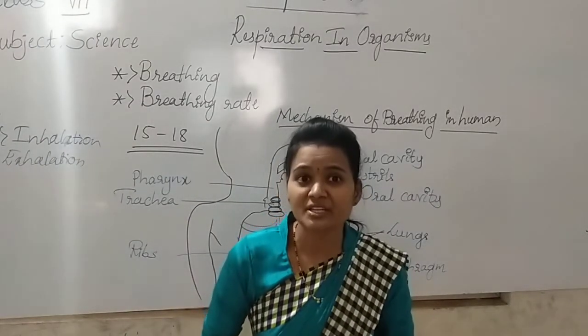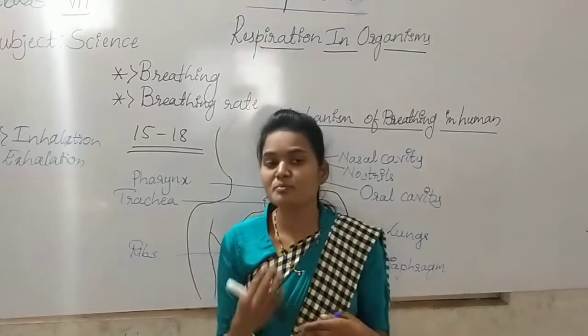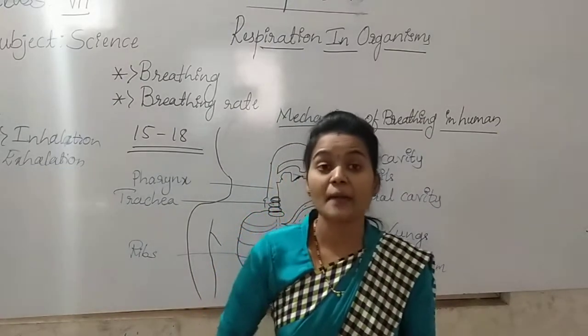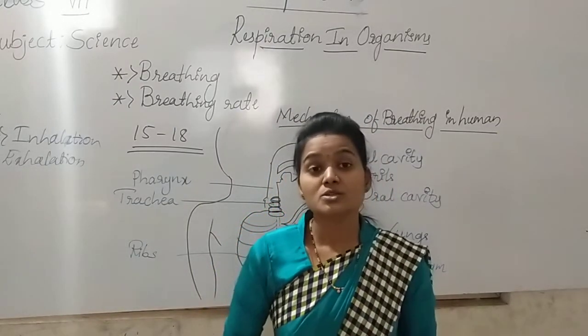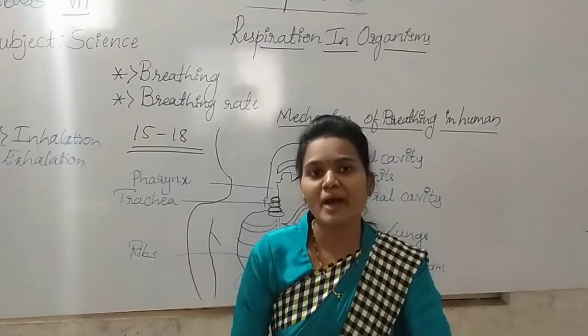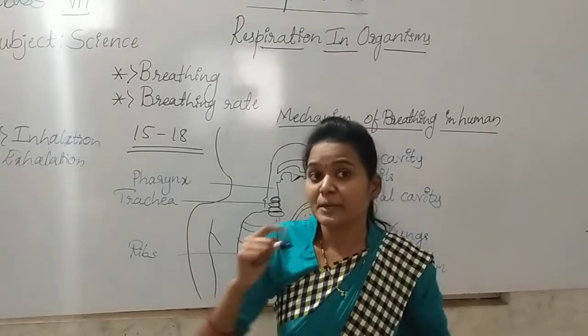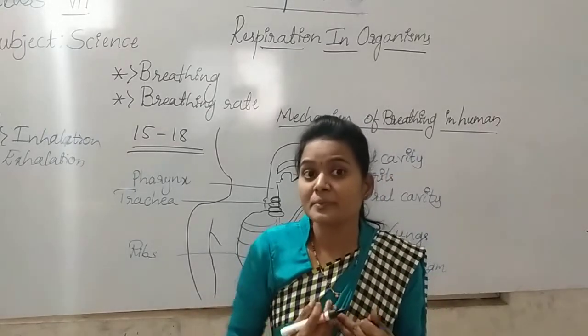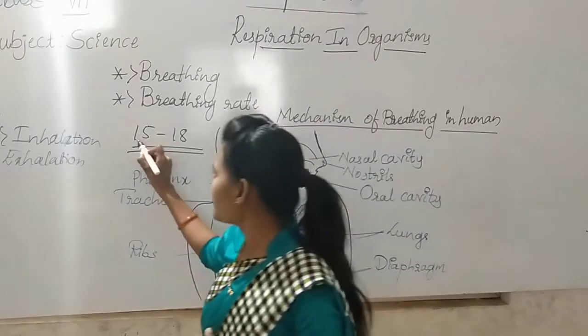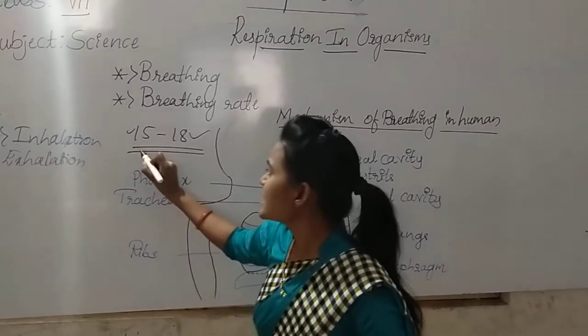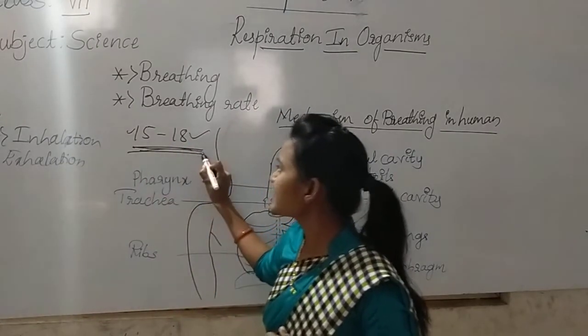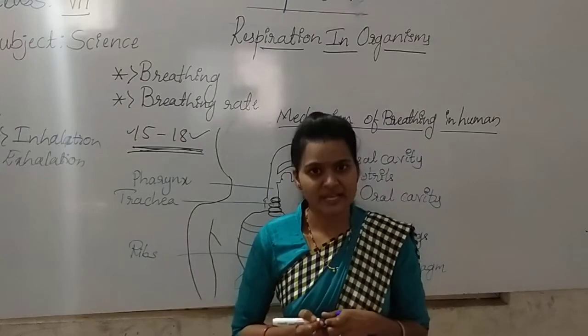What is my breathing rate? I have to observe my watch for 1 minute. If the breathing rate whenever I'm at rest is about 15 to 18, then this is the breathing rate of a person who is at rest.